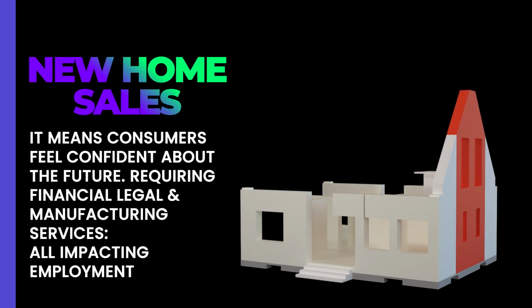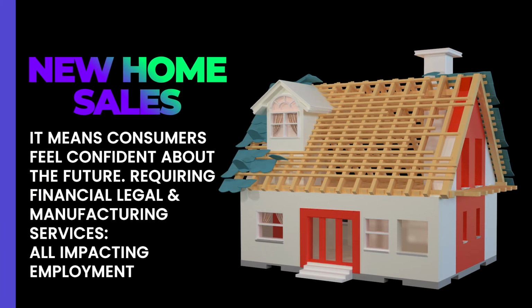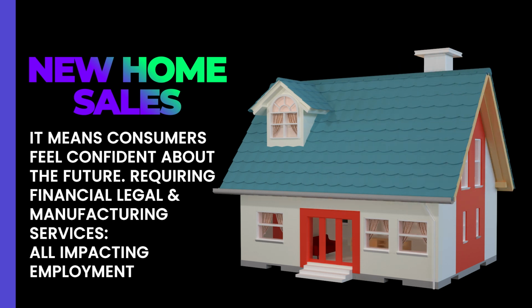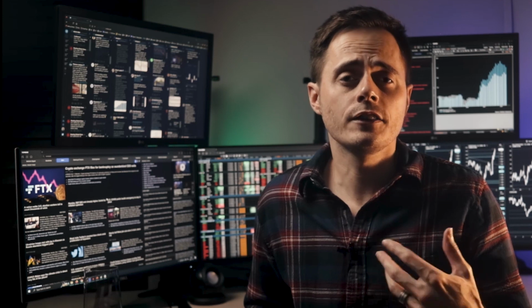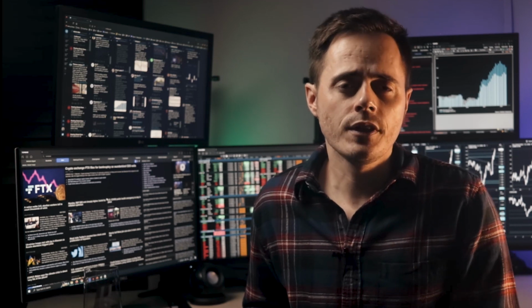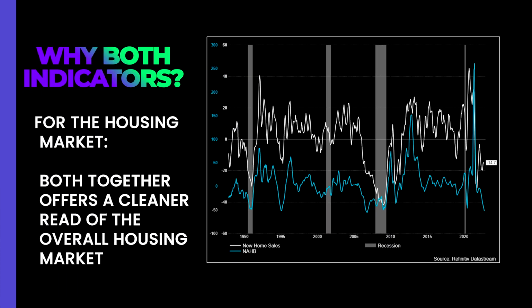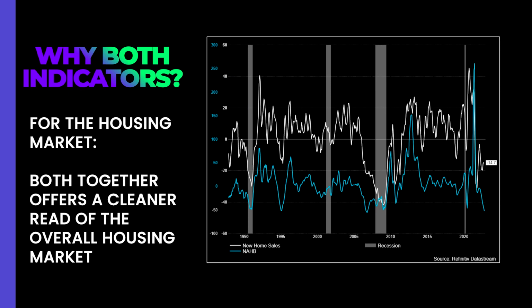It needs financial services, legal services, manufacturing services and work, all of which impacts employment. It also impacts things like durable goods spending and raw materials. The reason why I like to include both these two indicators under housing is because I find both together gives me a cleaner read of the overall housing market.